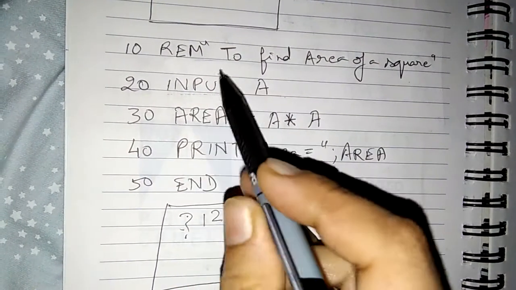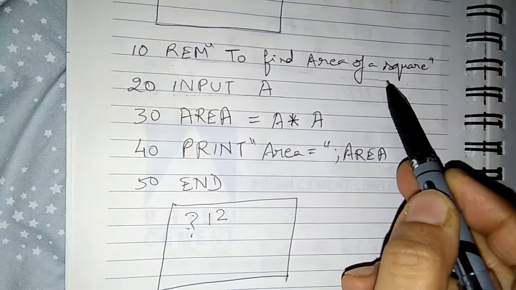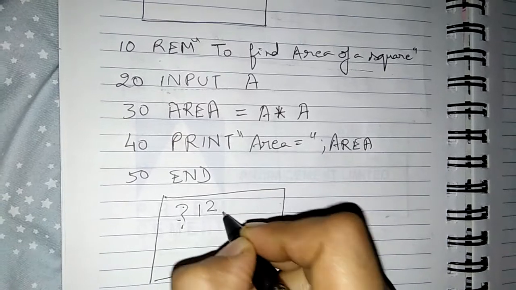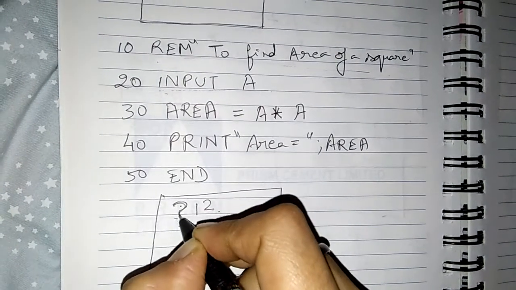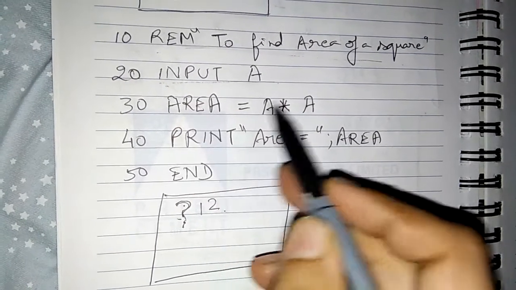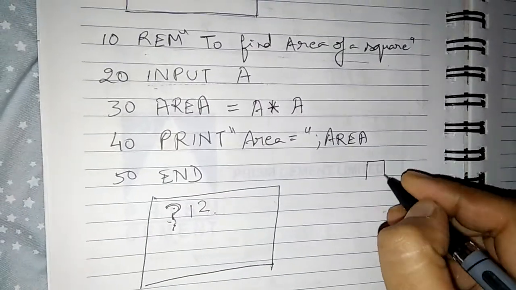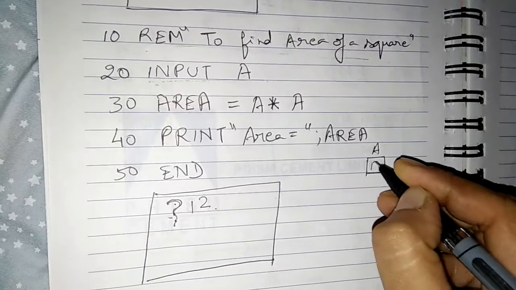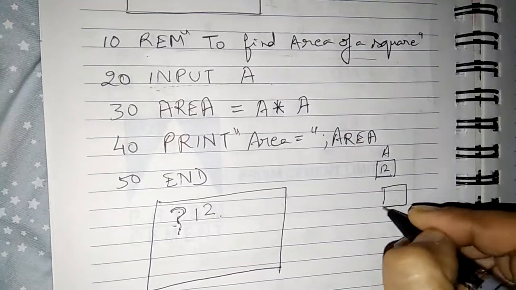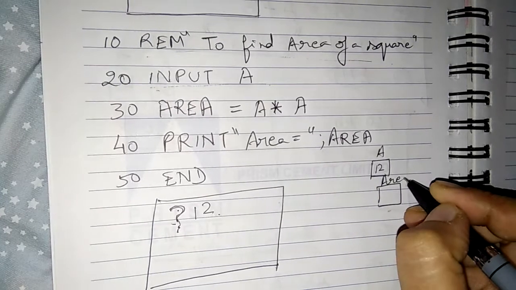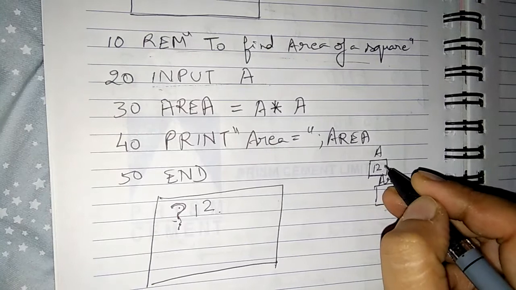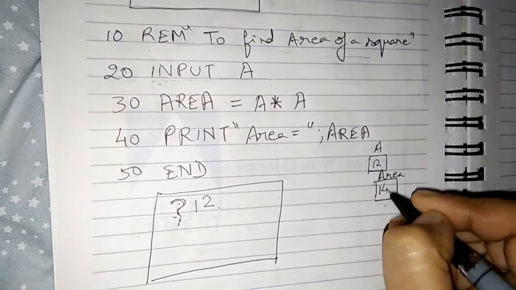Now this statement is ignored by the computer. With input A, I have given a value. It will ask for a value and the user has given. Now it will calculate the area. Now one memory location is A, it will store 12 after this statement, and another memory area is area, and it will store the square of 12, that is 12 into 12, that will be 144.